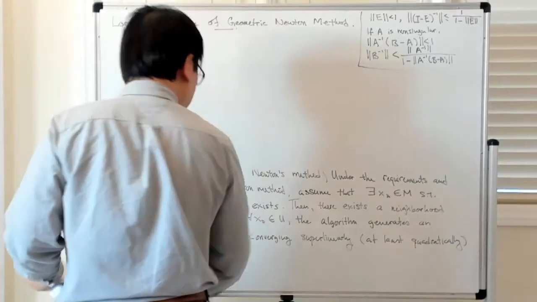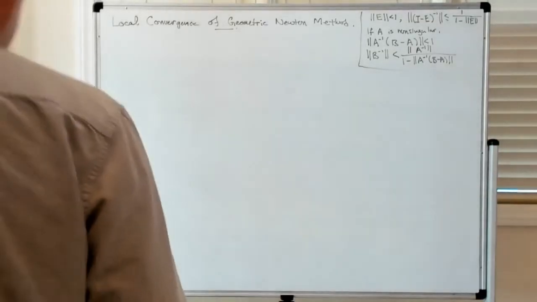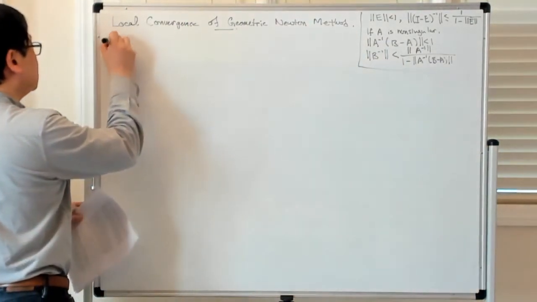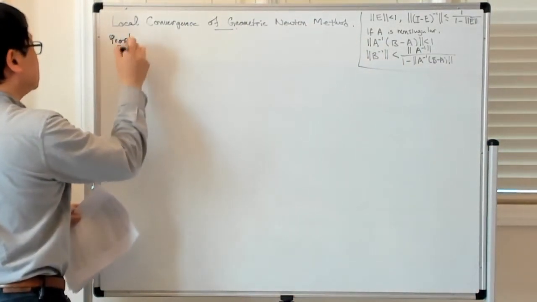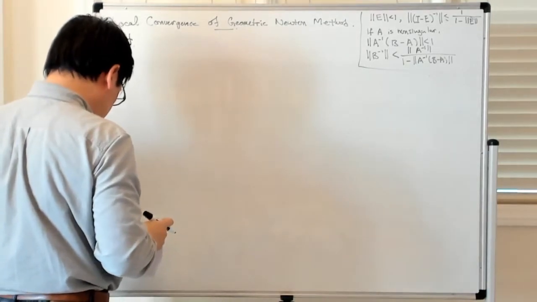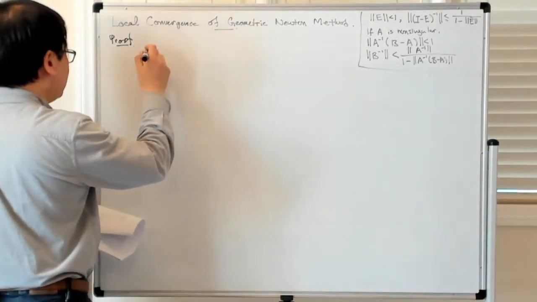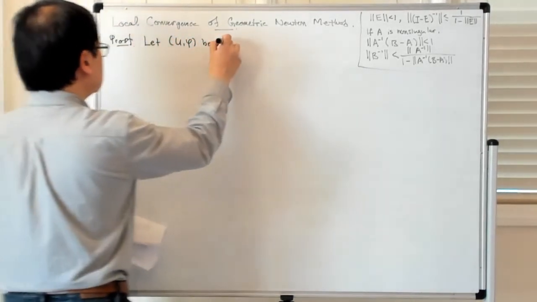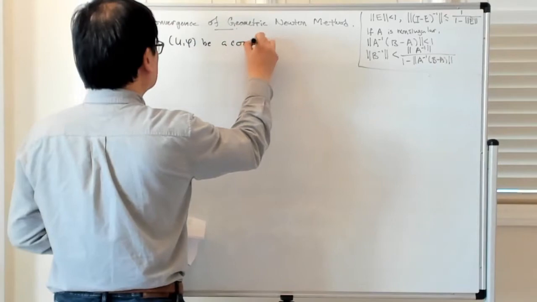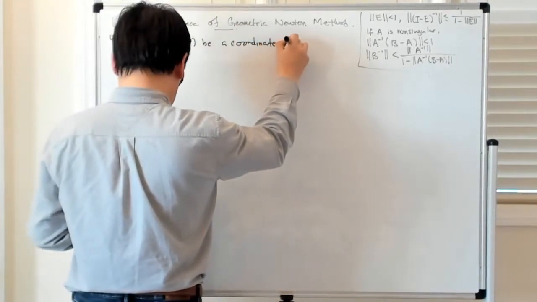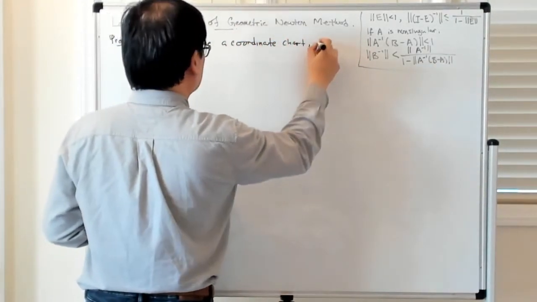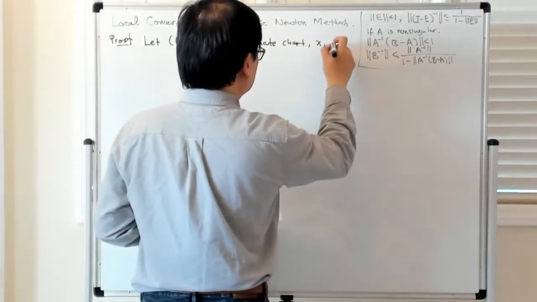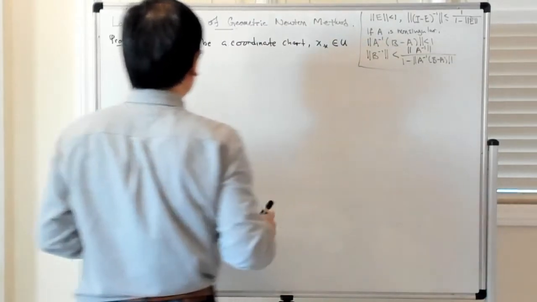I'll start the proof. All right, so let's start the proof of the local convergence of the geometric Newton method. Let's say we have a coordinate chart, and we want the zero of the vector field to be in the domain of definition.